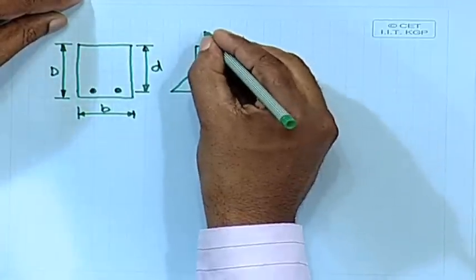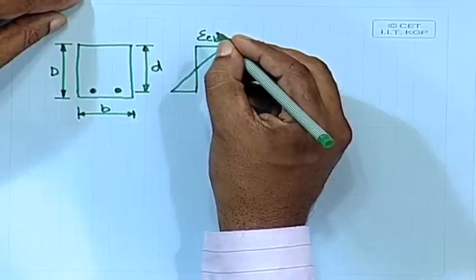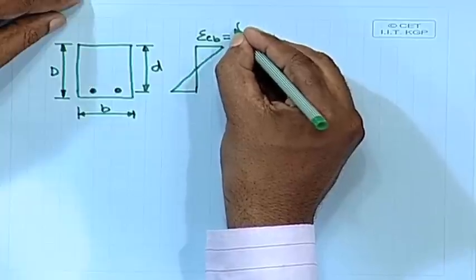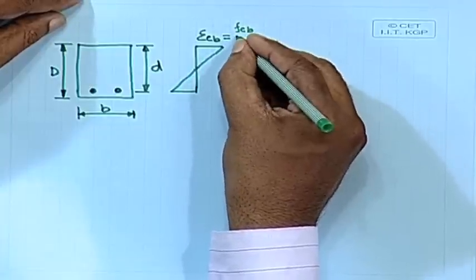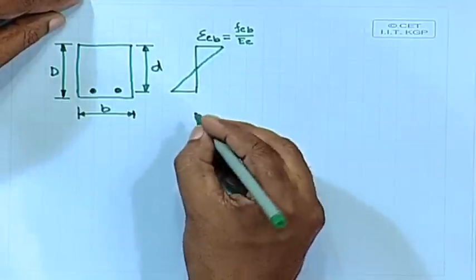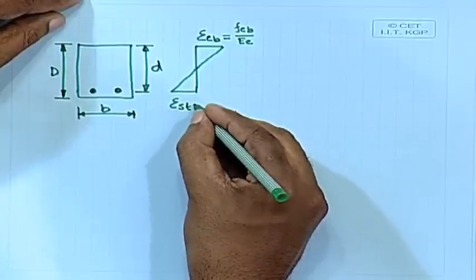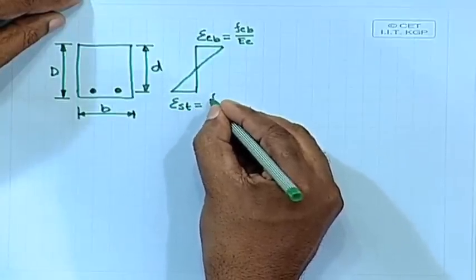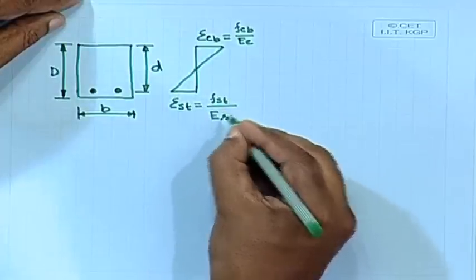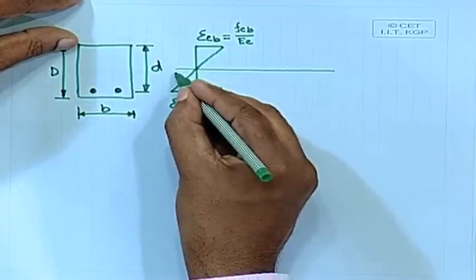So, epsilon CB, the strain in concrete in bending, is that stress divided by the modulus of elasticity, and epsilon ST, the strain in steel, is FST divided by ES. This is our neutral axis.